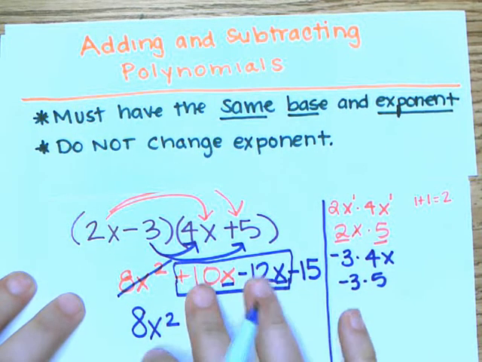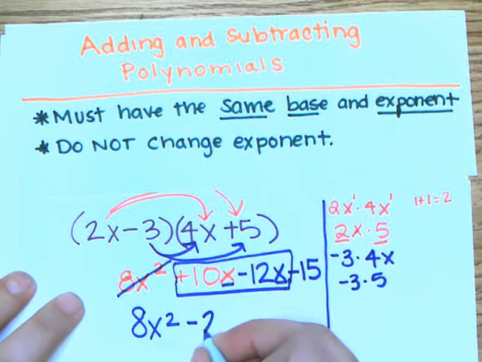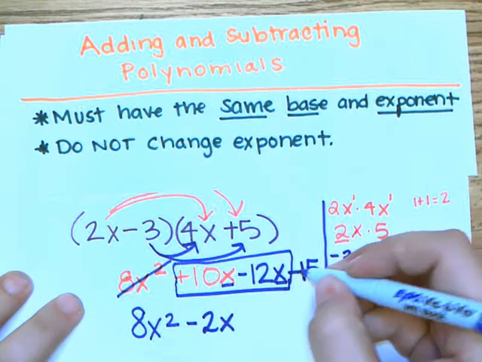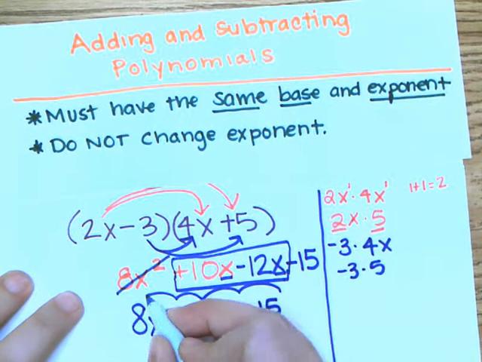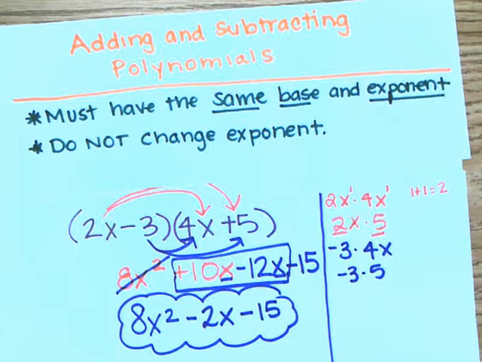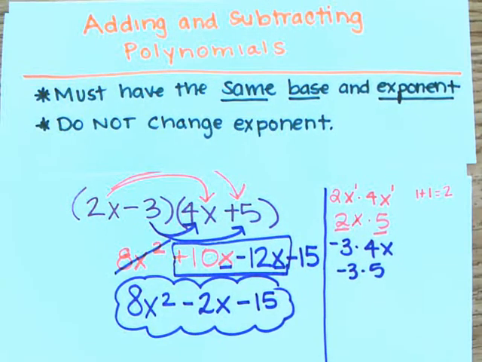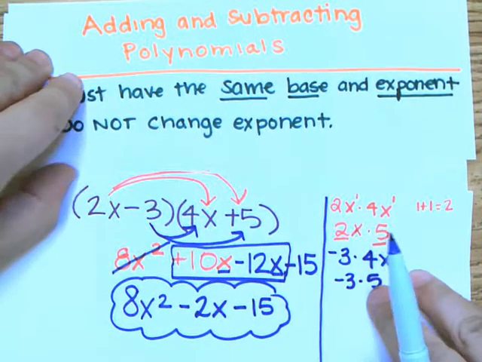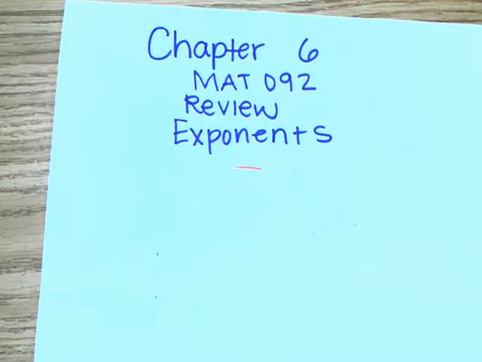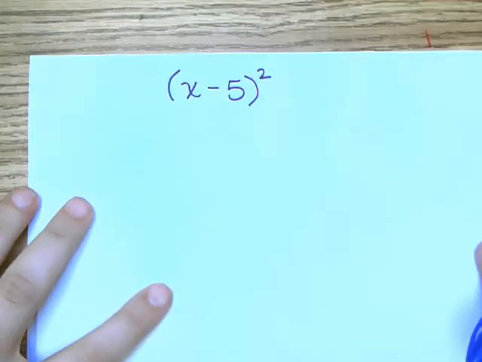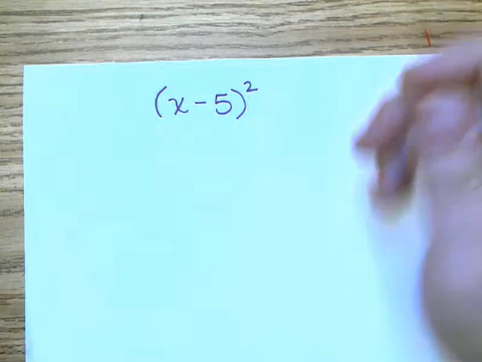But right here we have a positive 10x and a negative 12x. They have the same base, and they both have a 1 as an exponent. So we are allowed to combine these right here, and they're different, so we subtract, and we get negative 2x. And then the negative 15, the constant, we just bring down. And that is our final answer. We cannot go any further.